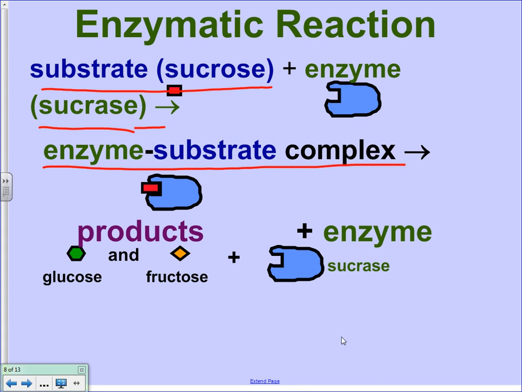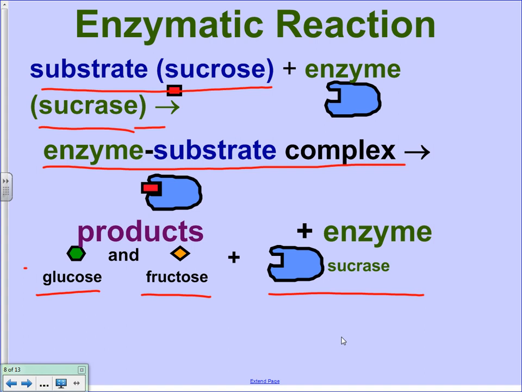The enzyme substrate complex is then able to break the sucrose into its products, which are glucose and fructose, its monomers. The end products leave the enzyme intact, so the enzyme is able to work again on another substrate. That way our bodies don't need to keep making a new enzyme for every reactant that we need to break down.